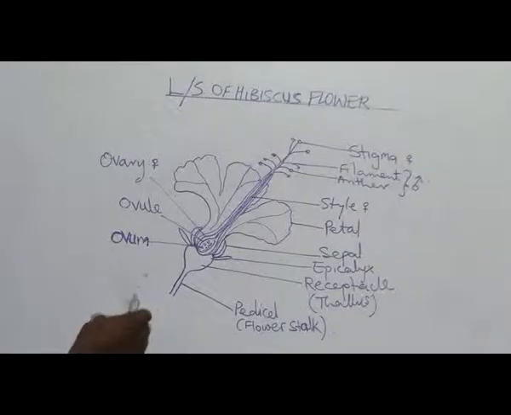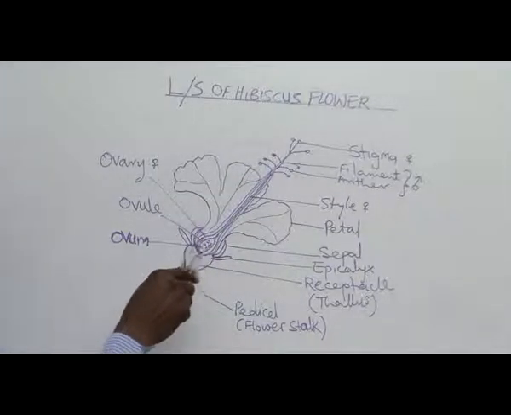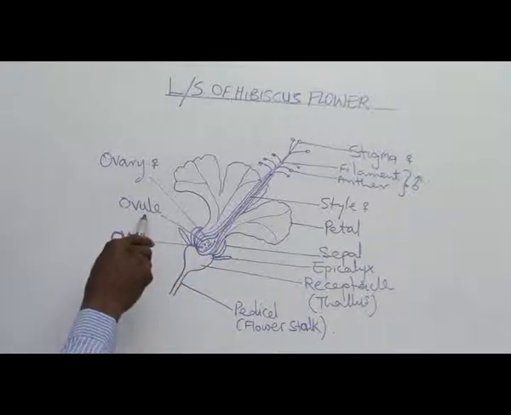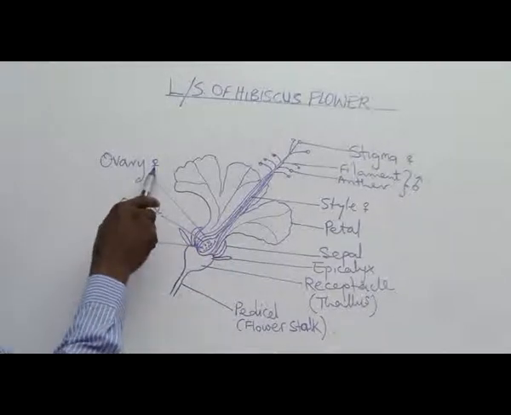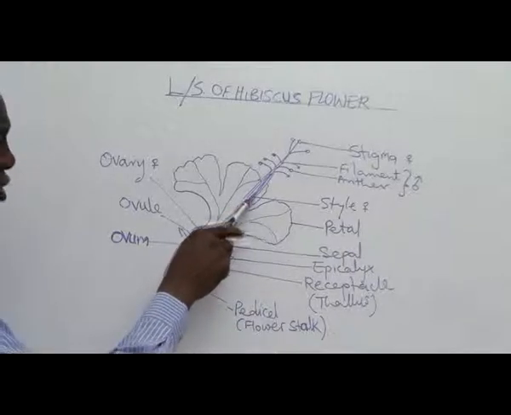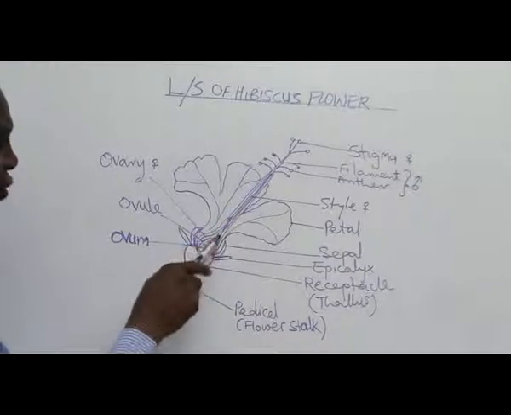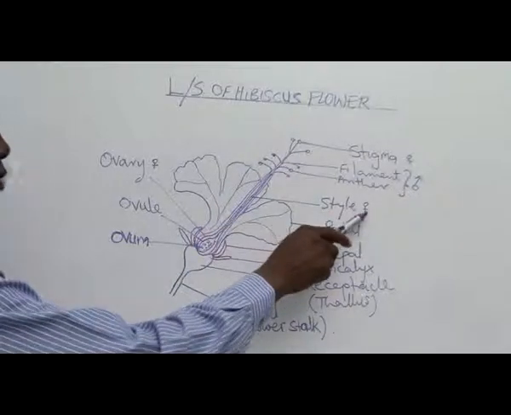Now, let's go back to the diagram again and identify the female part of a flower. The female part of a flower, as said earlier on, is made up of the ovary, which encloses the ovule. So the whole section here is the ovary, which is the female part. Then the style, the thread-like structure that connects the ovule to the stigma, is part of the female part.